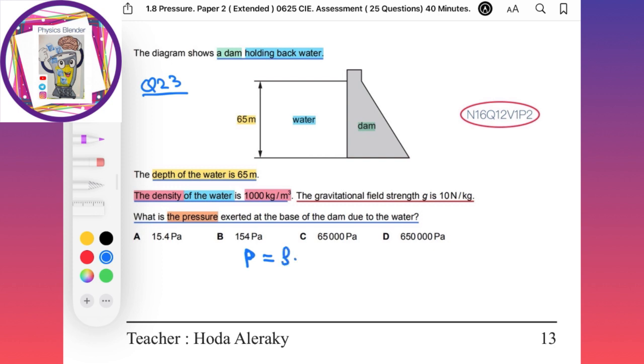Pressure is equal to rho GH. Substitute density, G and H. Check you have consistent units. It's very simple. So your answer is 650,000. Pascal is the correct unit. Your correct answer is D.